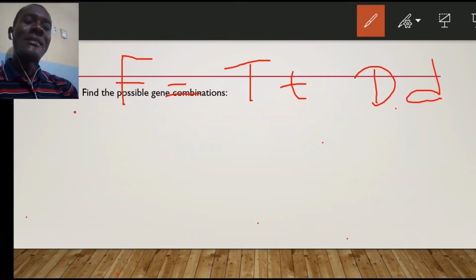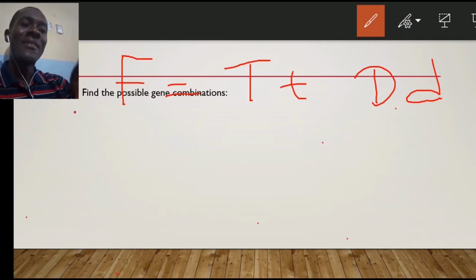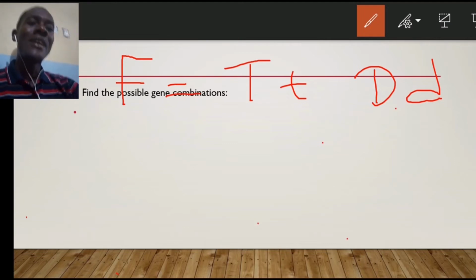Now, what it means is, in how many ways can these two traits in the father be assorted? In how many ways can they be differentiated or assorted into different gametes? That is what it means for possible gene combinations.